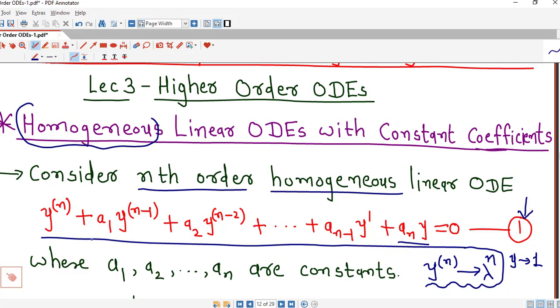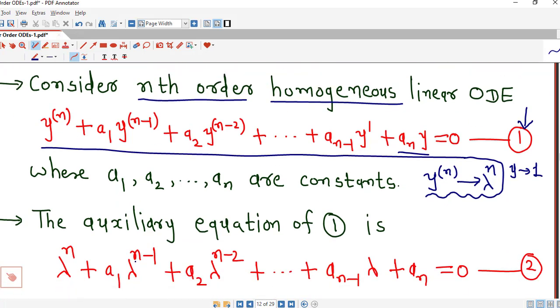So this is going to be lambda raised to n plus a1 times lambda raised to n minus 1, similarly lambda raised to n minus 2, and so on. The first derivative of y is replaced by lambda, and y is replaced by 1. So this is the auxiliary equation of equation 1.